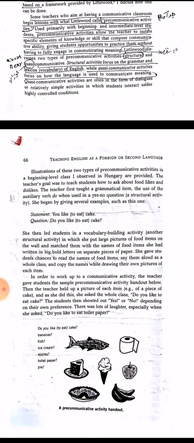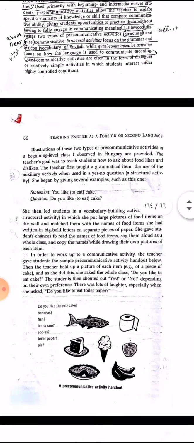The teacher first taught a grammatical item, the use of the auxiliary verb do when used in yes/no questions. Structural activities: she began by giving several examples such as, "You like a cake? Do you like to eat a cake?" She led the students in vocabulary building activities, another structural activity.